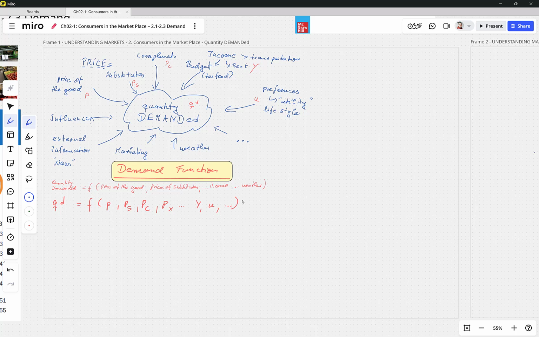And it's good that we have this full function, but in order to analyze a demand function, and you might recall the picture that we saw at the beginning, this downward sloping function, quantity demanded as a function of the price, we need to take only a part of this. And the typical part that we look at is quantity demanded as a function of price.